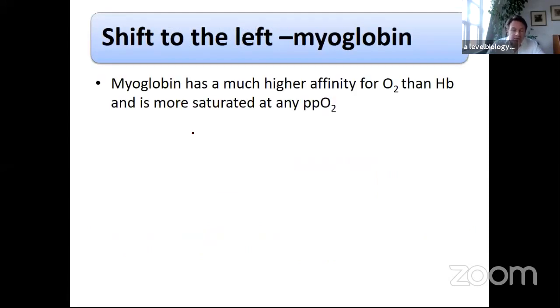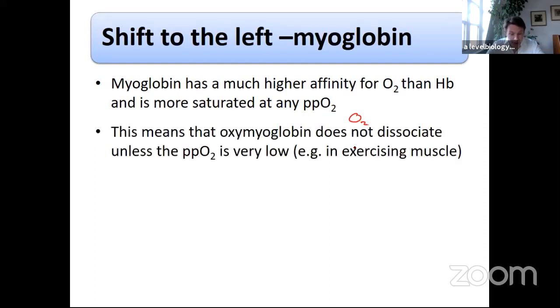Myoglobin, some of you know about this, some of you don't. So myoglobin is what you get in muscles. Myoglobin is a monomer, not a tetramer. So myoglobin only contains 1 oxygen associated with the globin chain and the heme group. It's got a much higher affinity for oxygen, so it stays.